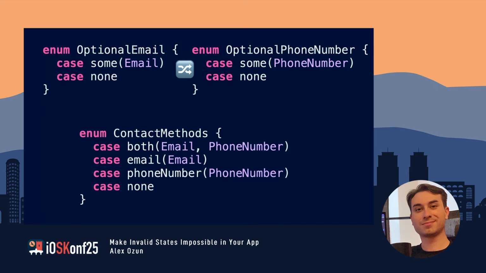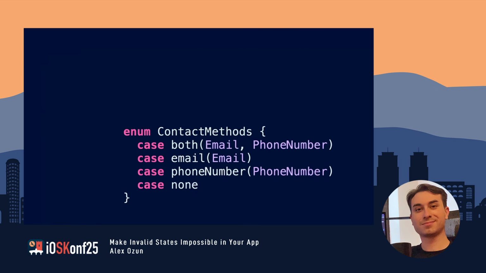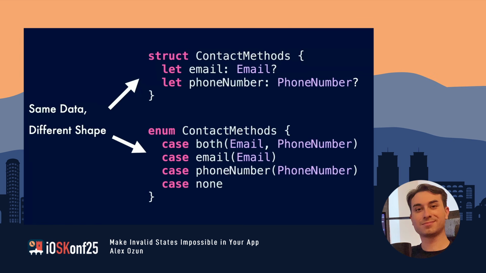Notice how these four cases exactly match the four states that we just observed. And if you look at these two data structures, this is incredibly interesting because both of them contain the exact same data, just in a different shape, in a different representation. These data types are equivalent.